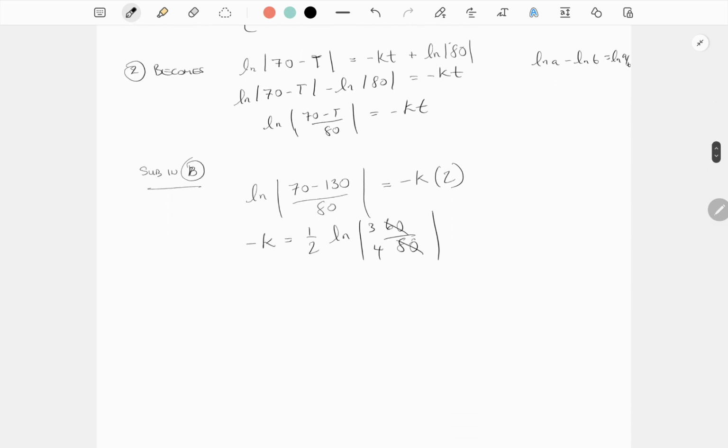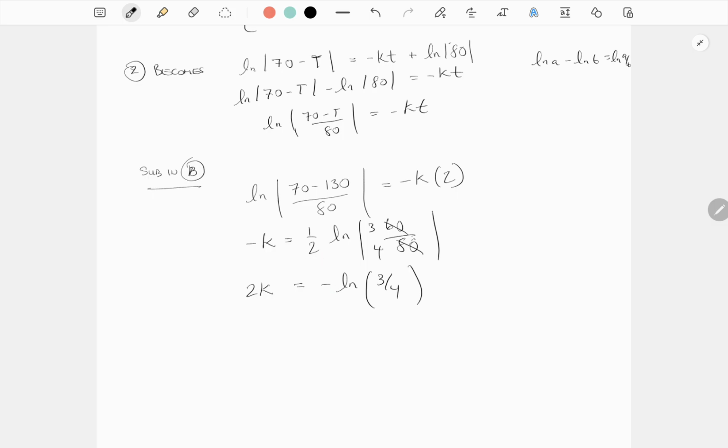So 2k equals negative ln of 3 over 4, since I just brought the 2 over.